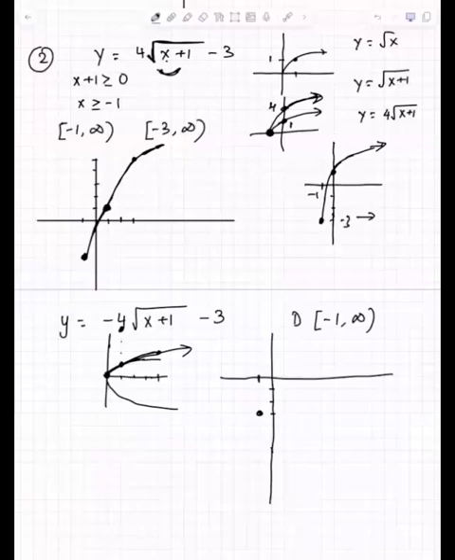This one at 0 was 1. Ah, my graph here was not correct. Sorry. To do this is very important. So at -1, we are at -3, right? At x is 0, we are at 1. That's why I put it at the wrong place. When x is 3, we are at 5.